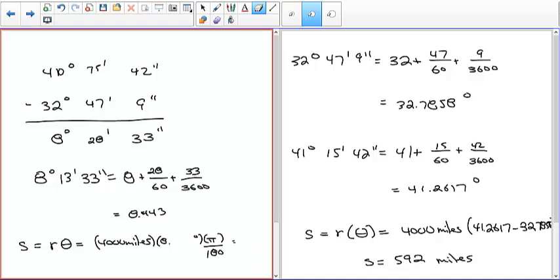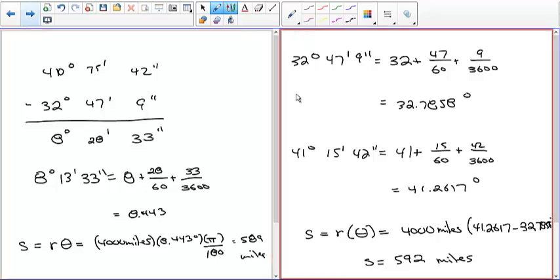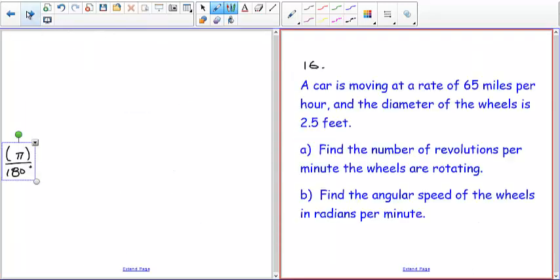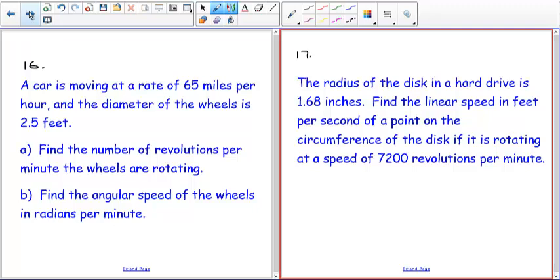Okay, so that's just round off error, 589 miles. So it seems like converting the decimals first is easier instead of trying to do this subtraction.